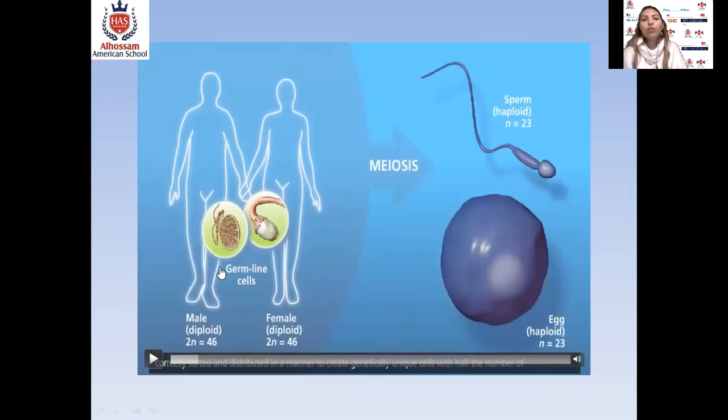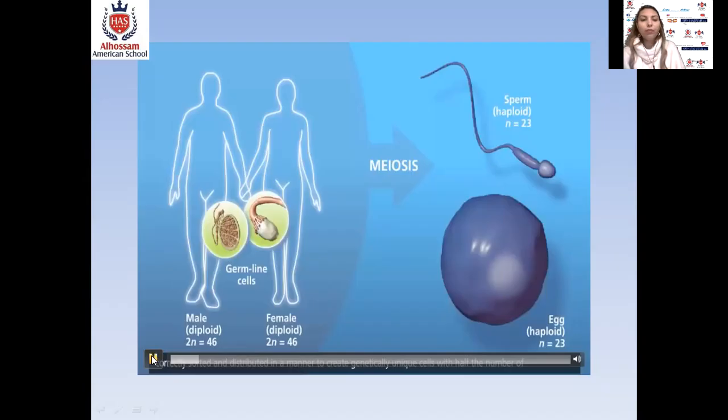Also in male, we start with germline cells in the male sex organ, with 46 chromosomes, 2N. At the end of meiosis will be the half number, in the form of sperm, haploid N equals 23 chromosomes. So we start with a somatic cell to bring a sex cell.